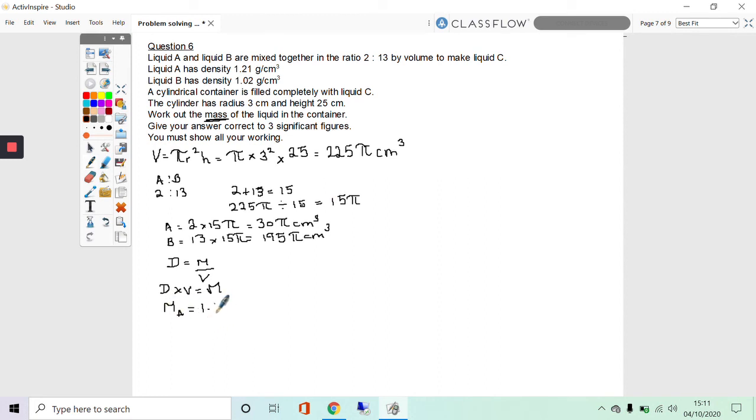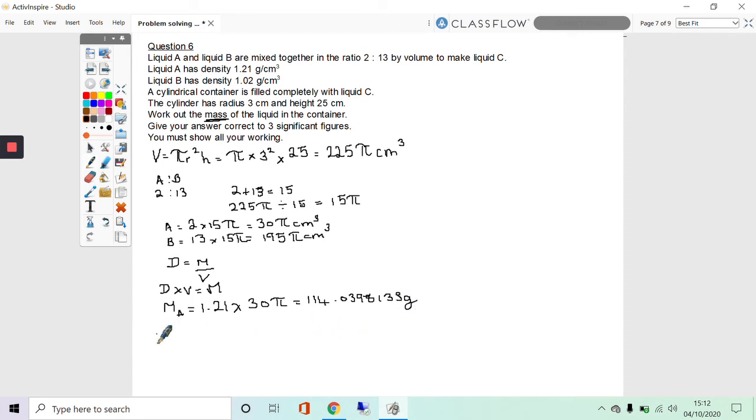So my density is 1.21 grams per centimetre cubed, and I want 30 pi centimetres cubed of that liquid. And that will give me 114.0398133 grams.